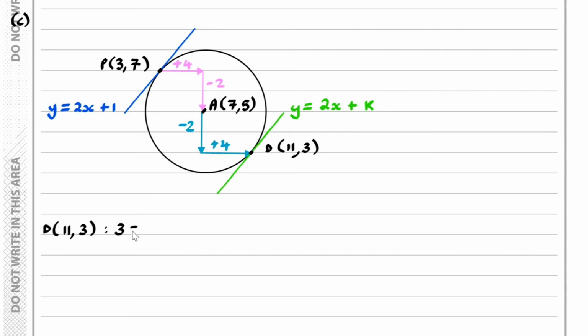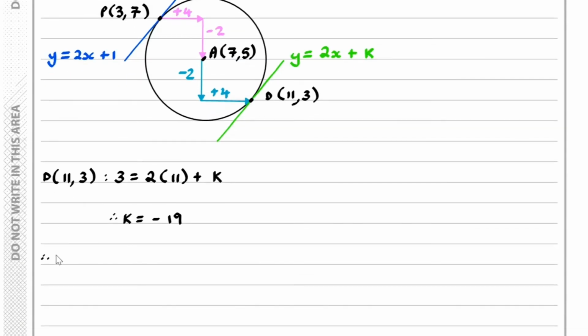We've got 3 equals 2 times 11 plus k. k is negative 19. The equation of the tangent is y equals 2x subtract 19.